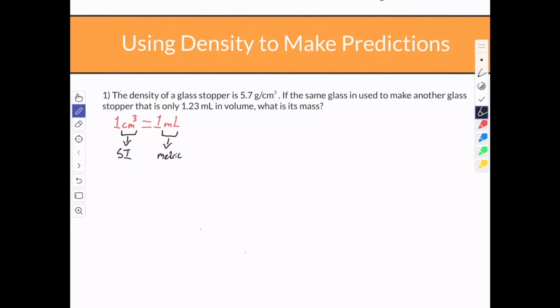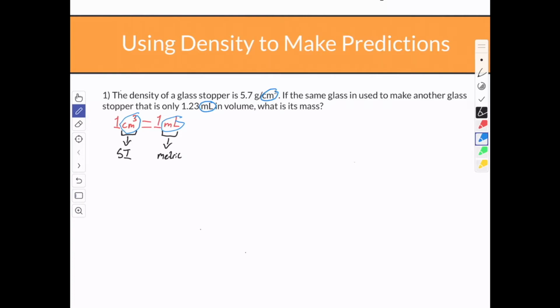We try to stick with the SI, but milliliters are just so common, and they're all over our instruments for measuring. When it comes to volume, for some reason we just can't get away from the metric system. So we see these two all the time. Milliliters are equivalent to centimeters cubed. They're identical, so really this is of no consequence.